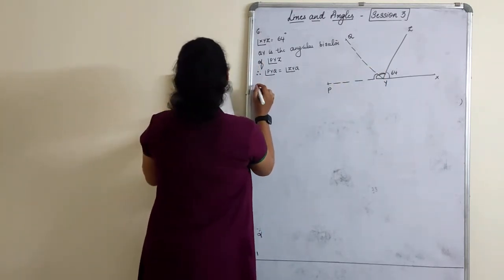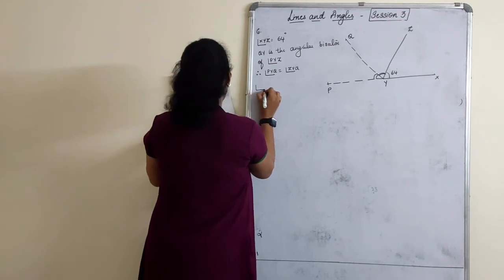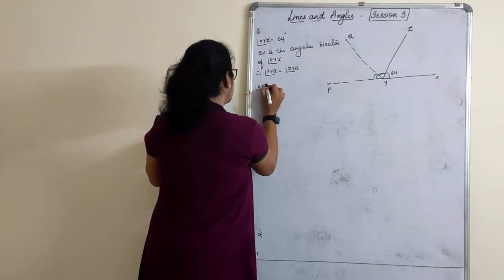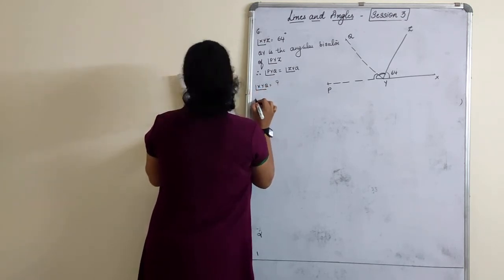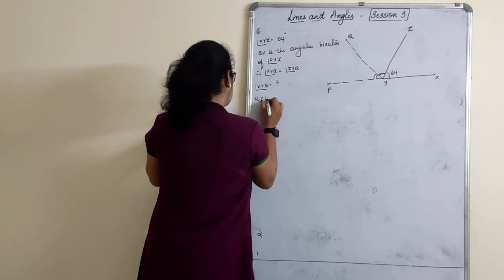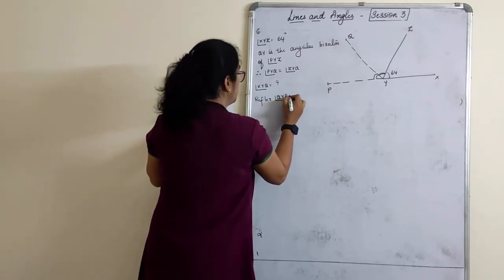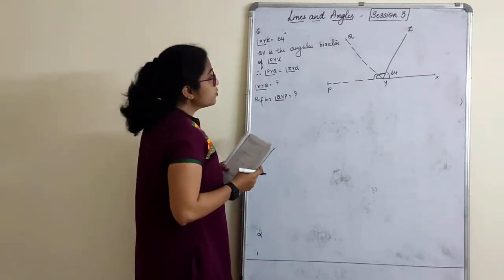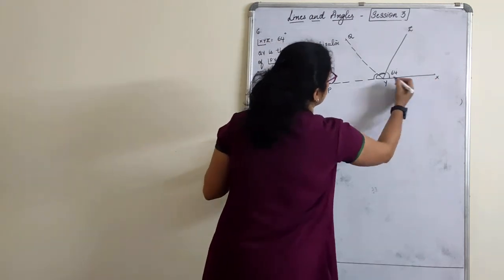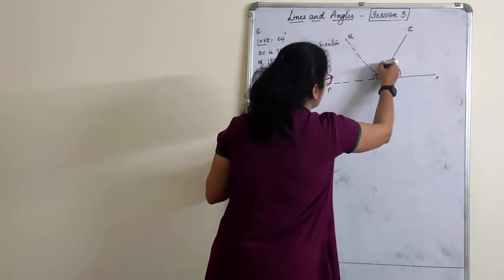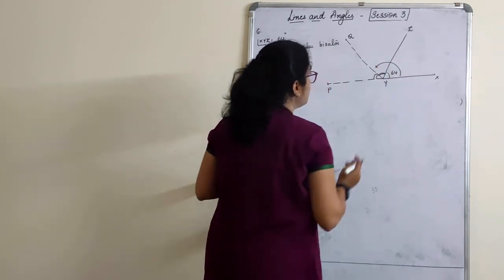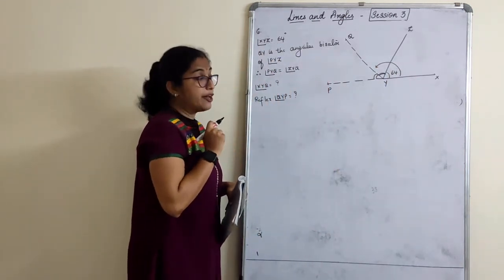Now, what do we have to find? We have to find angle XYQ, question mark, and reflex angle QYP, question mark. Where is XYQ? I'll just mark here, children. This is the angle I have to find, marked with an arrow.